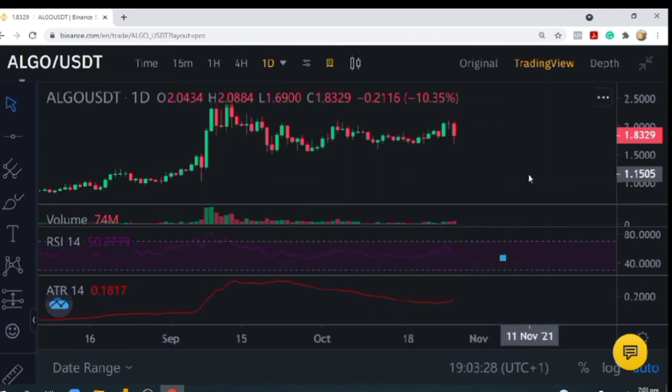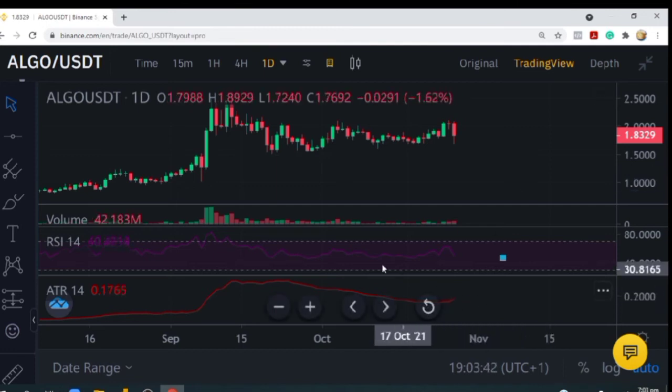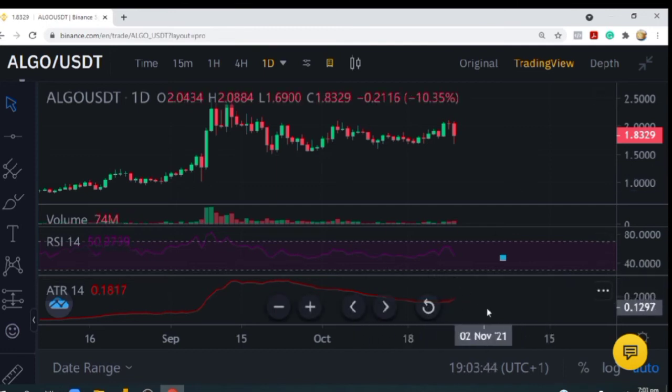So what is ATR? ATR basically measures the volatility of the market. It measures the largest possible move of an asset during a time period. So when you set the time period, you can easily tell what is the largest possible move of this particular asset, by how much this asset can move downwards, and by how much it can increase upwards.